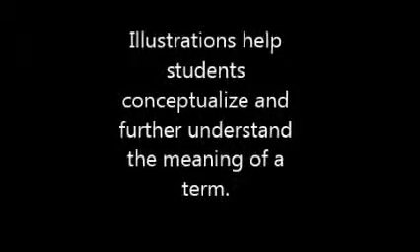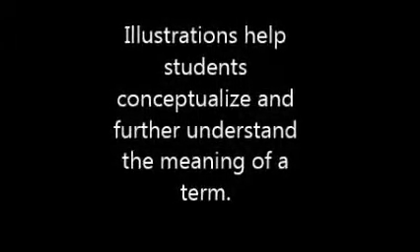These concrete images that your student will illustrate will help them further conceptualize and understand the vocabulary term. As a reminder, your students' illustrations should directly display what they wrote in that box. Anything else will not be supplemental to them learning about the vocabulary word.